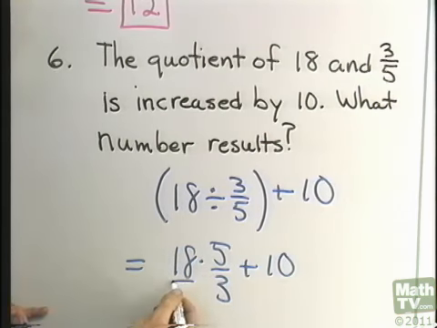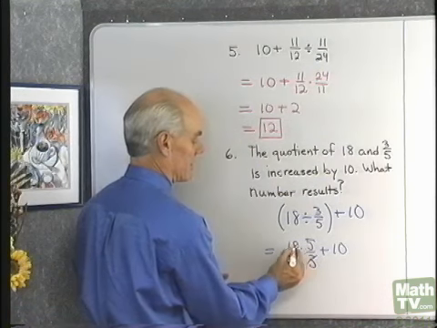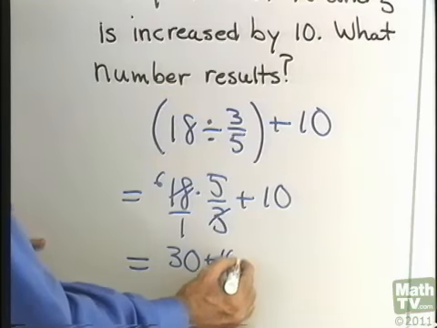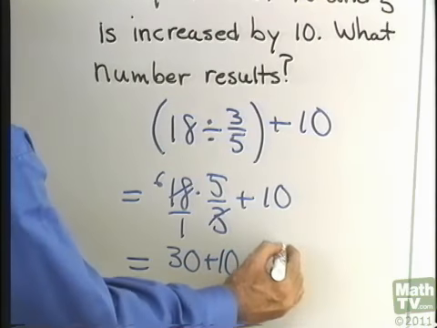Now, when I say 18 over 1 times 5 over 3, that 3 will divide into that 18 6 times. That's the only common factor in the numerator and denominator here. 6 times 5 is 30, plus 10, and I end up with just 40.